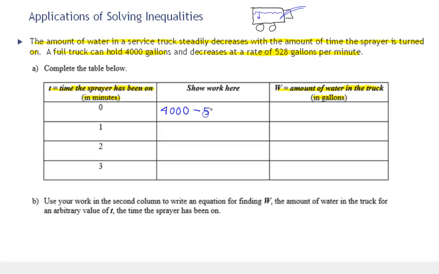For 0 minutes we'd multiply the 528 times 0, and notice the result is still 4,000 gallons. Now, if the sprayer has been on for 1 minute, we'd start with 4,000 gallons, and we'd subtract off 528 gallons per minute, and we'd multiply that 528 times 1, since it's been on for 1 minute.